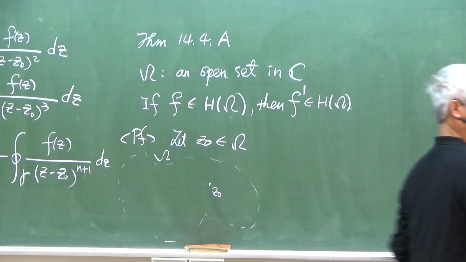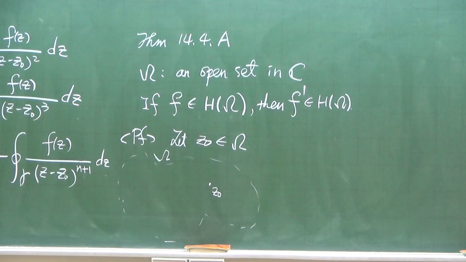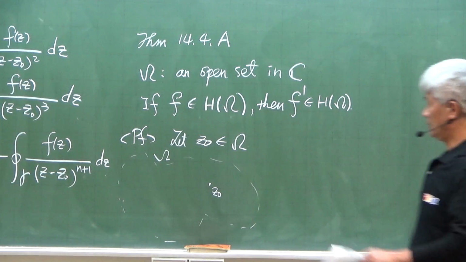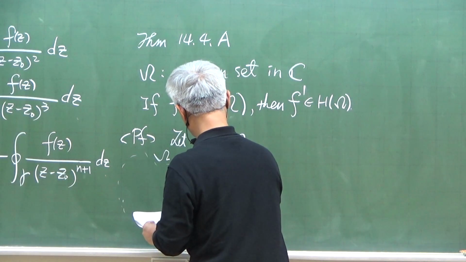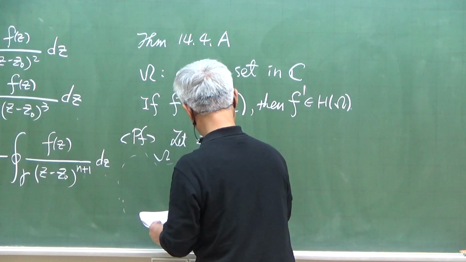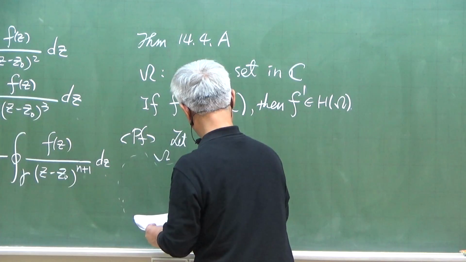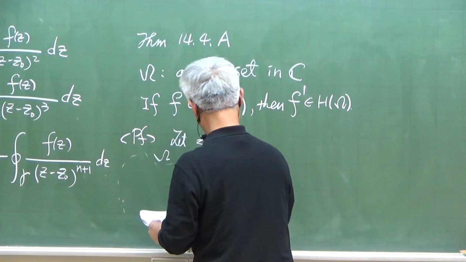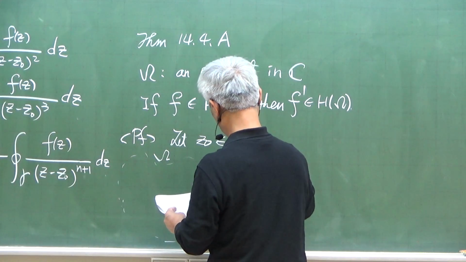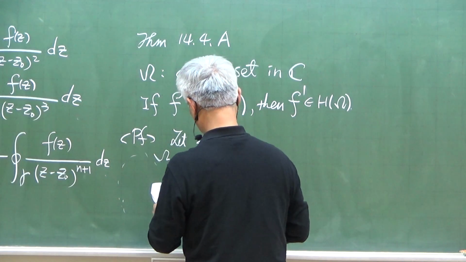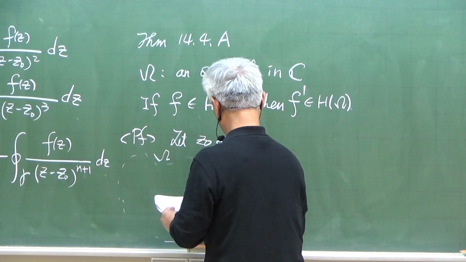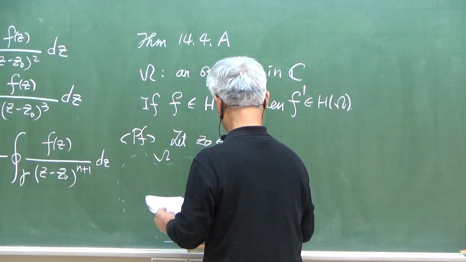Okay, and because omega is open, we can have an open disk. So this is D, this is z0.